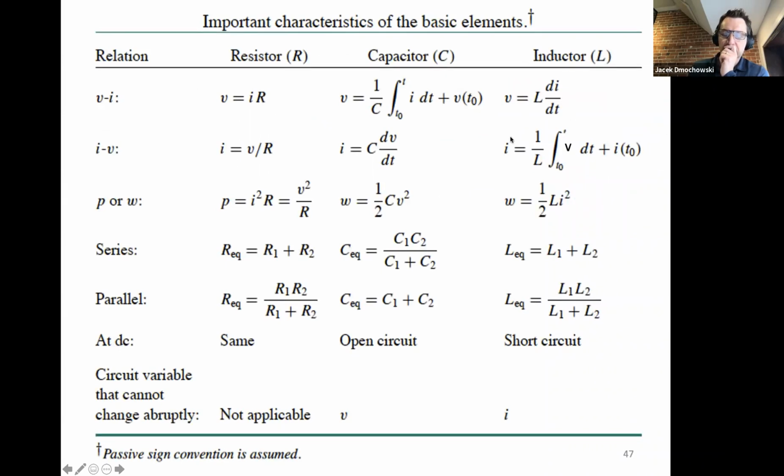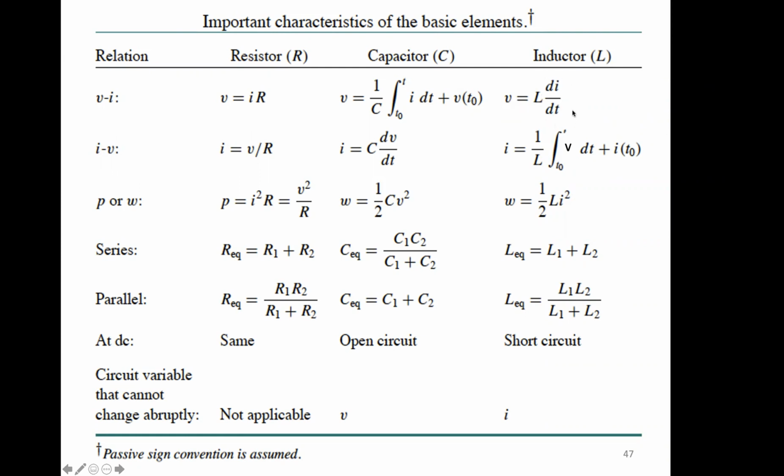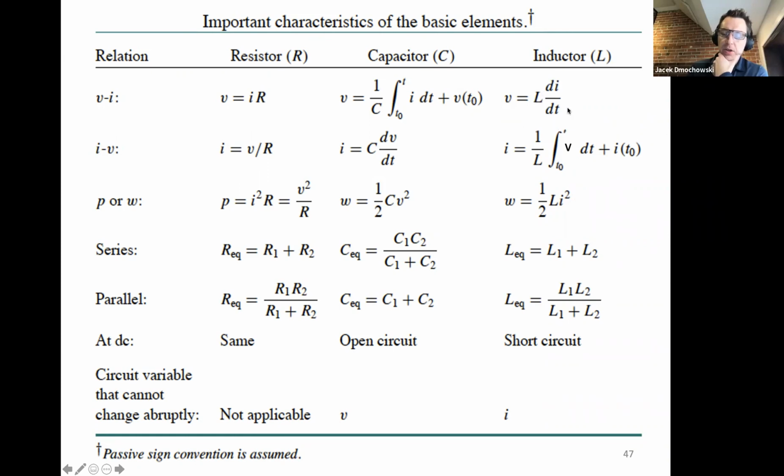This is the fundamental law that governs the voltage across an inductor as a function of the current. So when you wrap the wire in a cylindrical coil and stick something that's ferrous in there, and if you change the flow of current, then that change of current induces a voltage transiently, right?